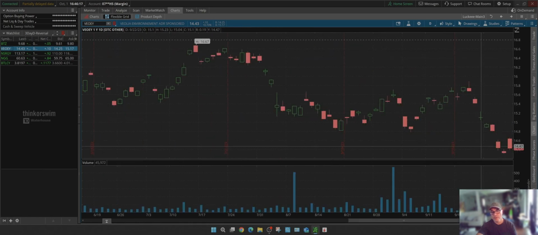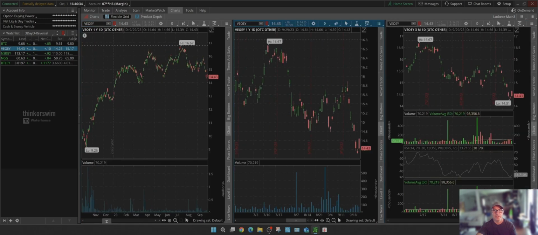We want to also see if this pattern is actually being recognized or supported by any other indicator that we can use. So in this case, I'm going to open an indicator, add a study.